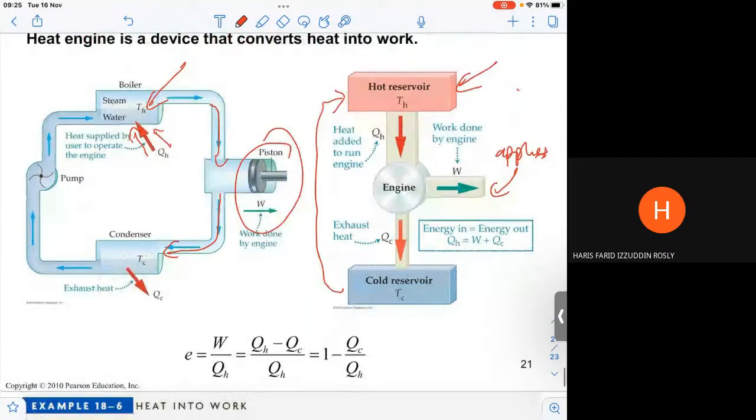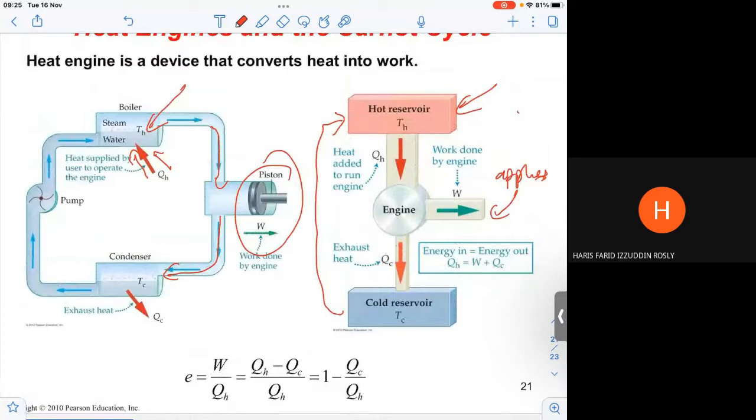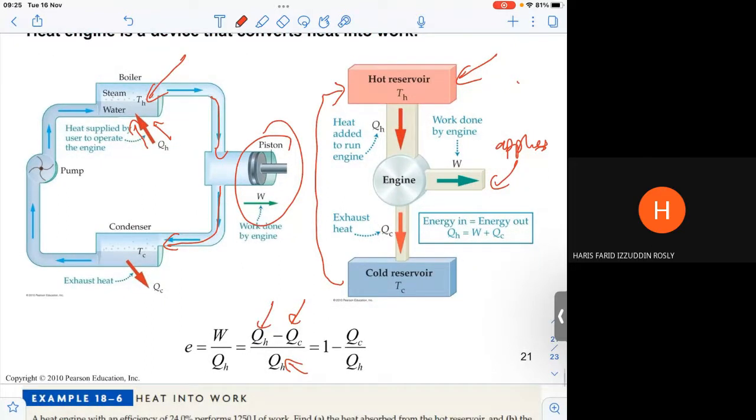So you can see here, the work done is based on the heat of the hot reservoir minus the heat from the cold reservoir, divided by the hot reservoir heat, and then you will see the efficiency. So it's QH minus QC over QH.